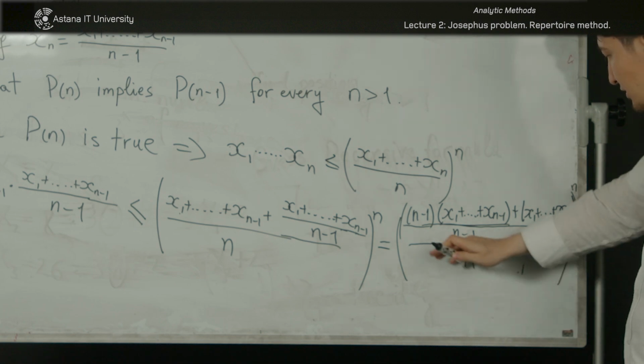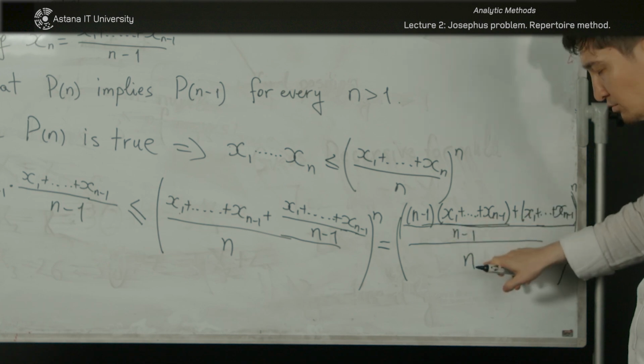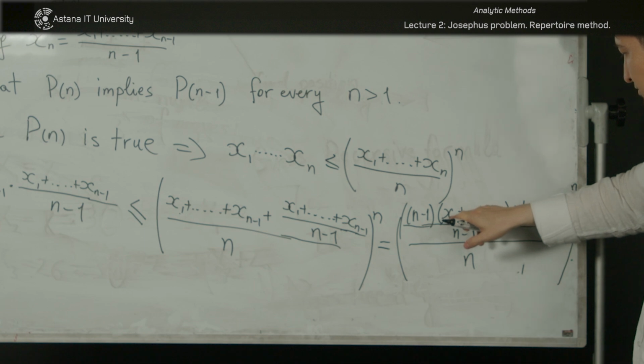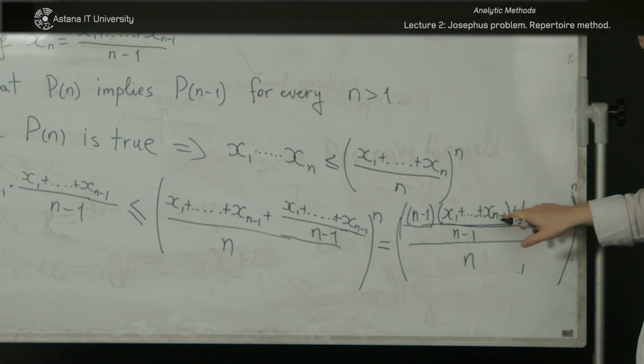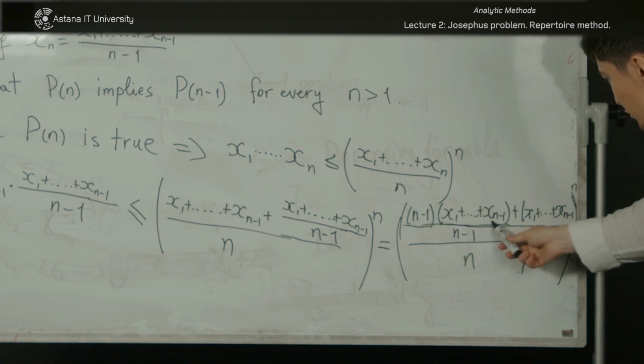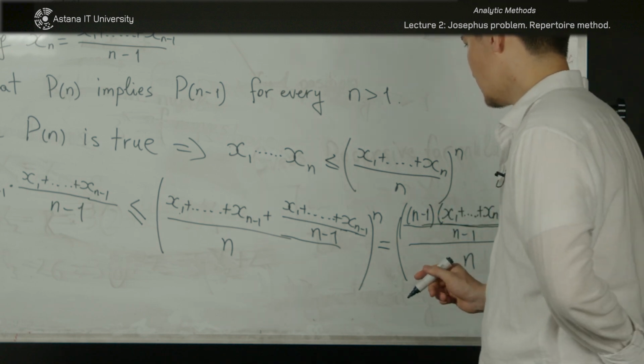Now for the next step, this n minus 1 goes down, and we see that n minus 1 times the sum of x1 until xn minus 1, and over here we have the same expression, x1 plus x2 until xn minus 1. So if I take the sum, basically this is this expression multiplied by n, so I will write it over here.